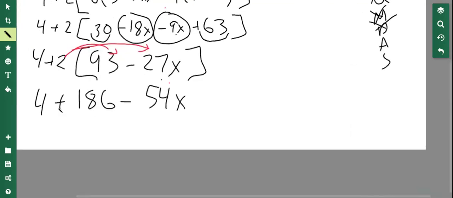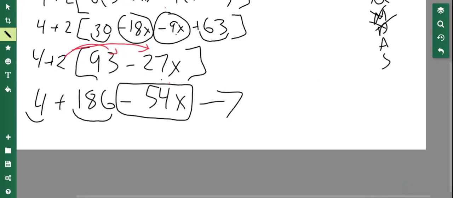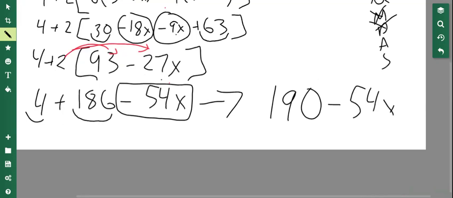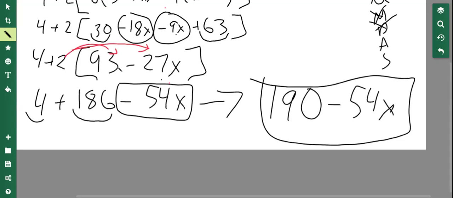We're just going to add these portions, because notice how this is a constant and that is a constant. The negative 54x, however, has a variable inside, so we can't really combine it with the rest. So we just do 186 plus 4, and that is 190. And then we have that negative 54x.